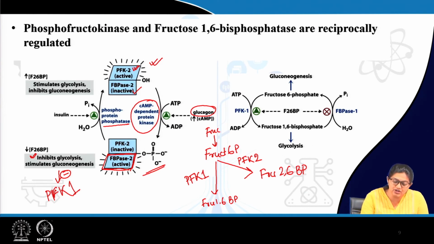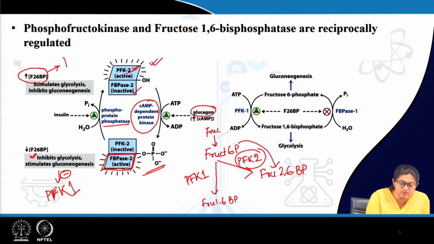On dephosphorylation, what happens? The phosphatase remains inactive, whereas the phosphofructokinase 2 function is activated. On activation, phosphofructokinase 2 forms fructose 2,6 bisphosphate, and this fructose 2,6 bisphosphate stimulates glycolysis by inducing phosphofructokinase 1.